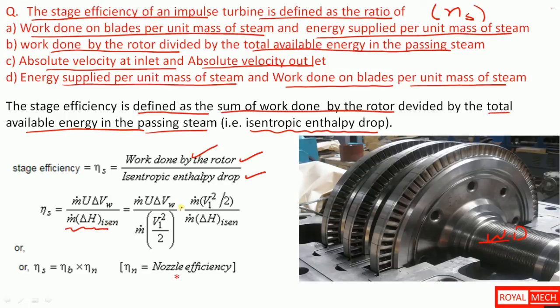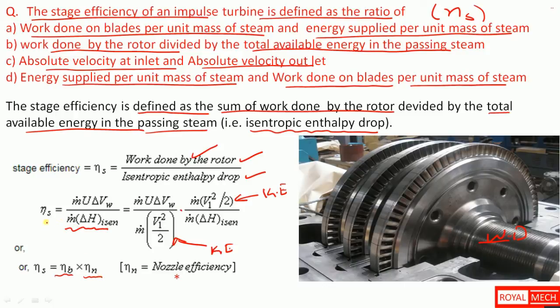Here we can multiply with the kinetic energy supplied. This is the factor of kinetic energy, and this is also kinetic energy. So that gives blade efficiency and nozzle efficiency.